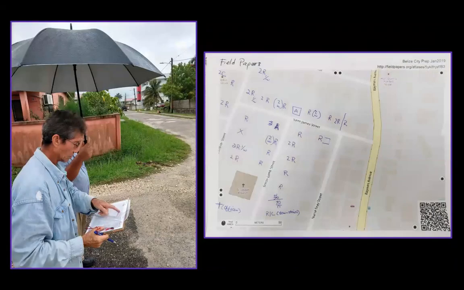One of those tools that we talked about was the field papers. It's really just chunking out the map and letting people go forward and be able to take this and identify on the ground what they're looking at. Is that house residential? They can make codes to say this is an address, this is a hospital, and so forth. It takes a little bit of pre-work to identify what codes you're using and what you want to map.